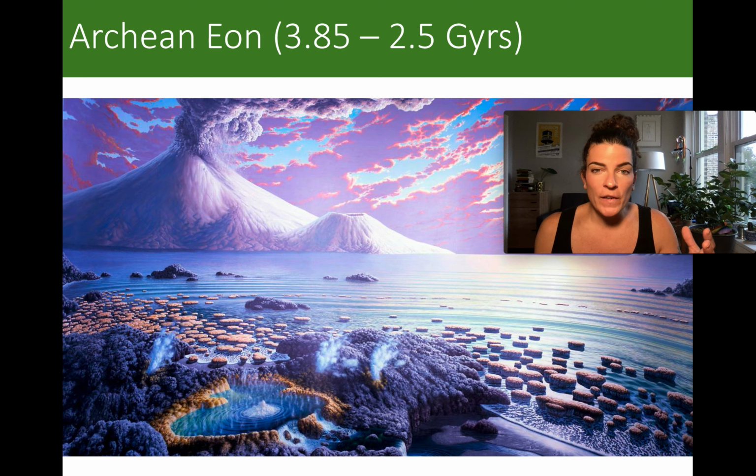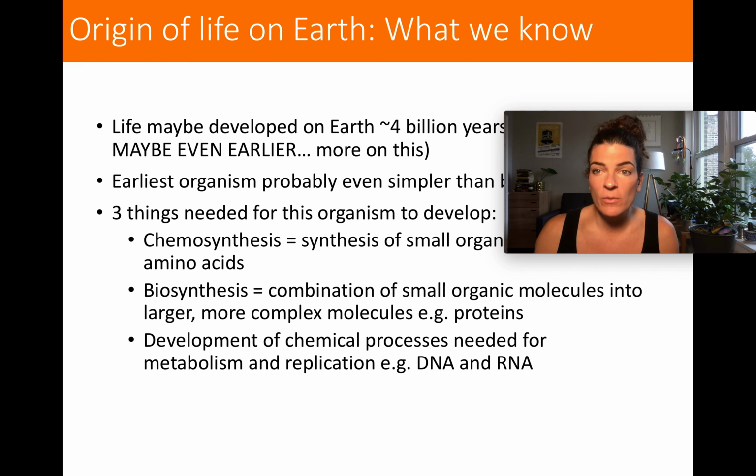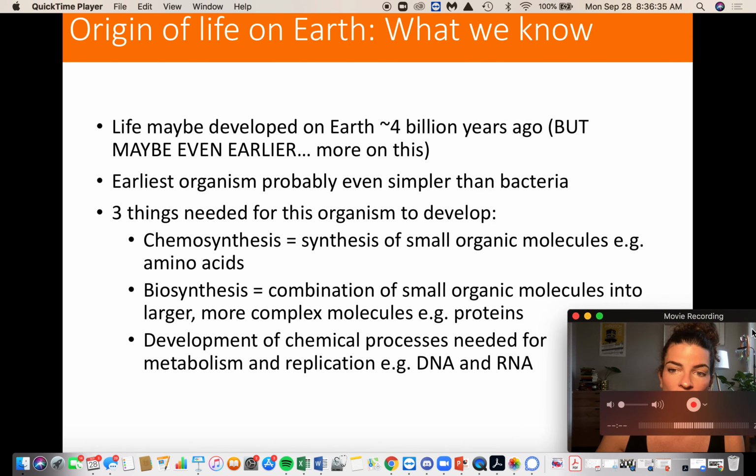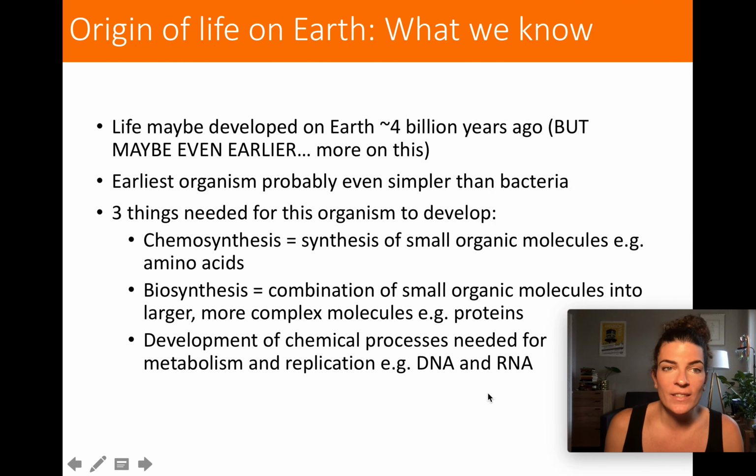It was still a fairly inhospitable place for what we would consider modern life. The atmosphere was very different than it is now, but it is around this time that we know that life first appeared on the Earth, around 4 billion years ago or so.